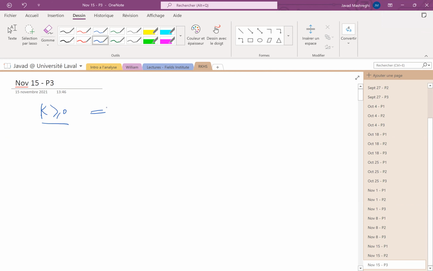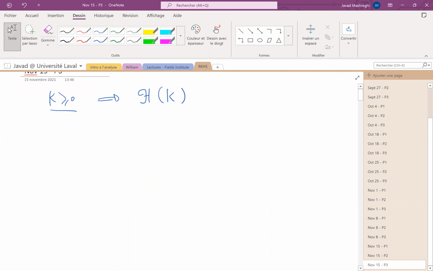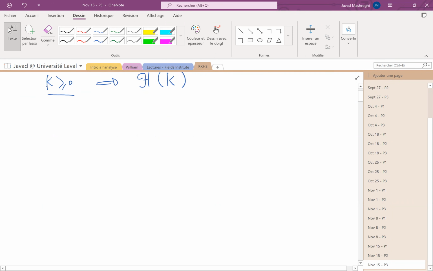And K positive gives us a space H of K. Here we want to consider kernels arising from polynomials, or a power series.